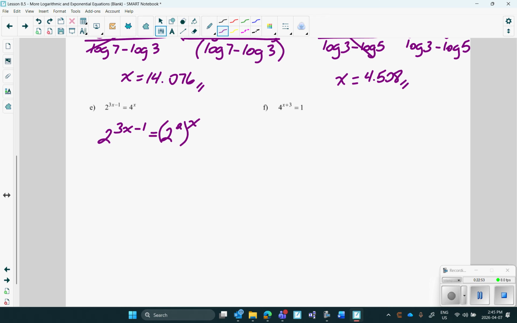That's much easier. If you did log both sides and went through the whole thing, it would still work. But this would be in the non-calculator.